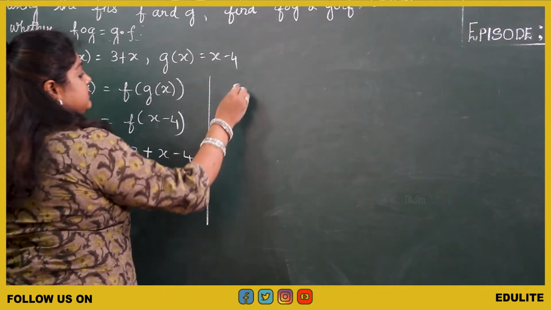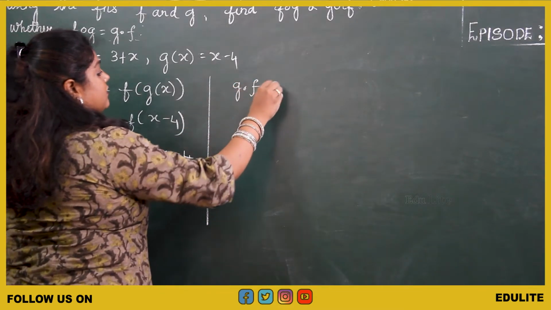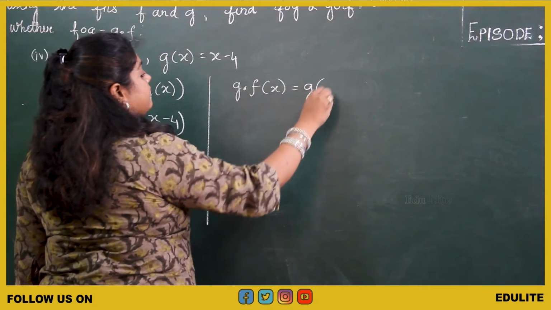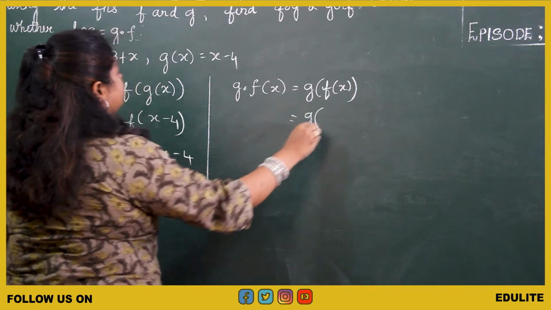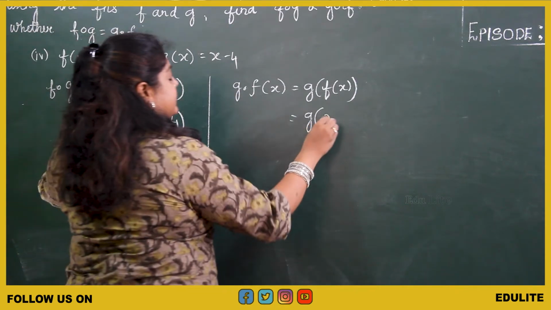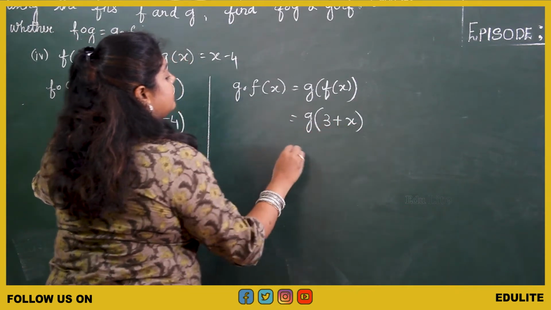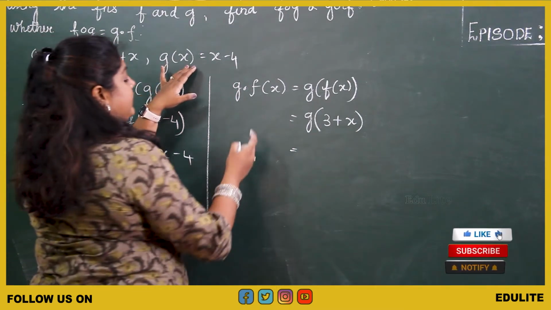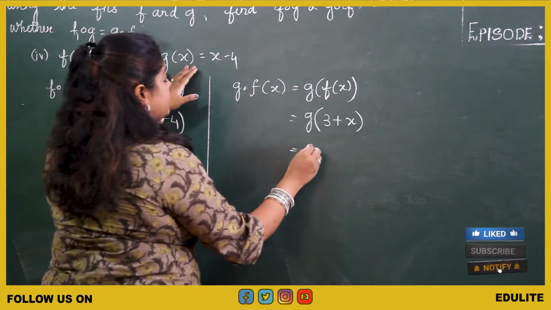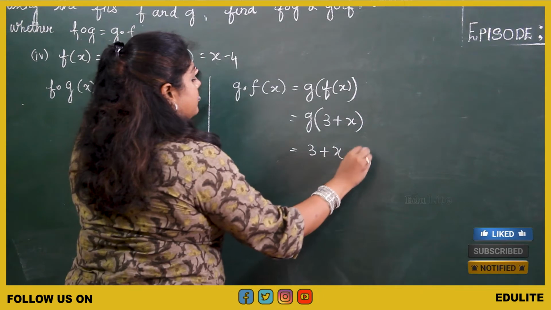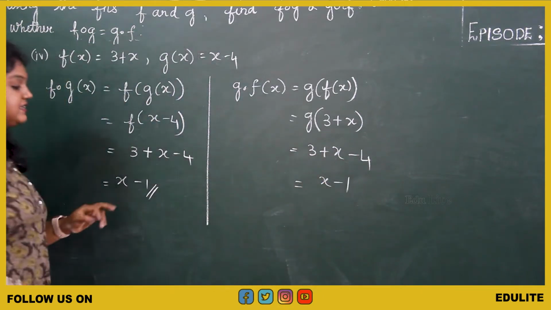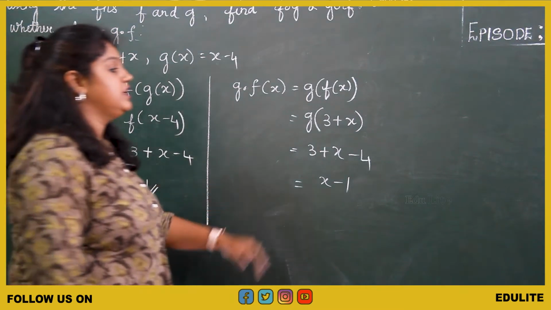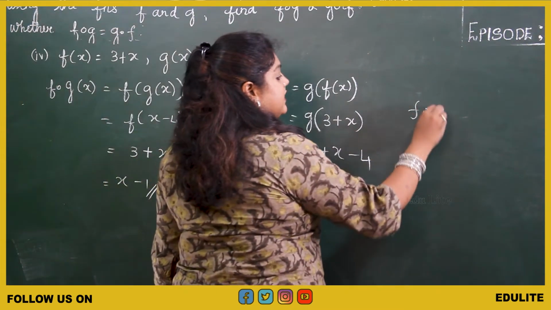Next we have to find g composite f, which can be written as g of f of x. So f of x value is 3 plus x, and now we have to use the function g of x, and in place of x we have to substitute 3 plus x. So 3 plus x minus 4, which we will get as x minus 1, and in this problem f composite g is equal to g composite f.